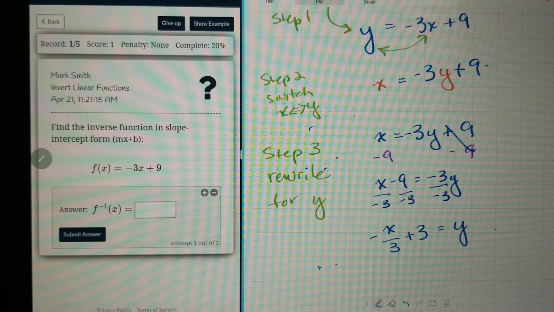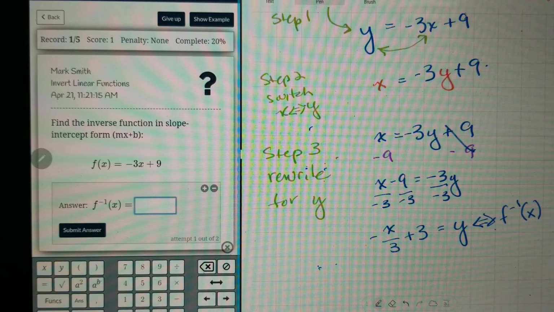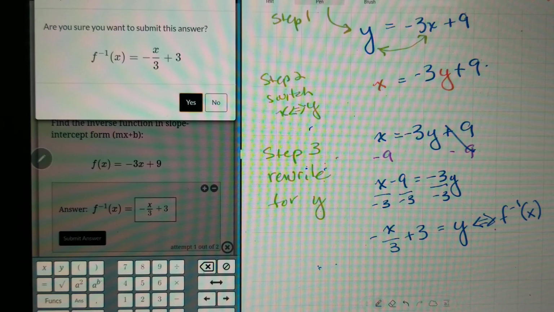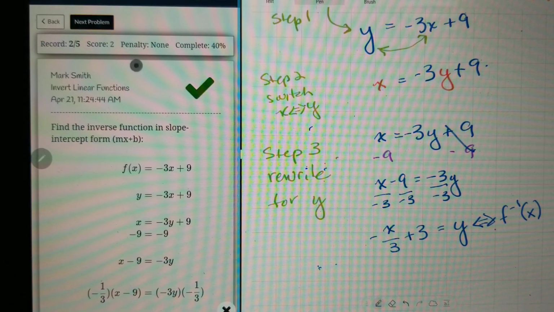And now remember that this y is the same as the inverse of x, which we already have over here. So let's put this in, negative x divided by 3 plus 3, and we hit submit answer and got a green check. All right, so good luck with those.